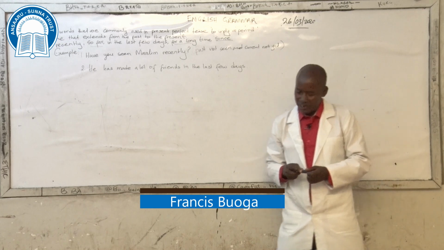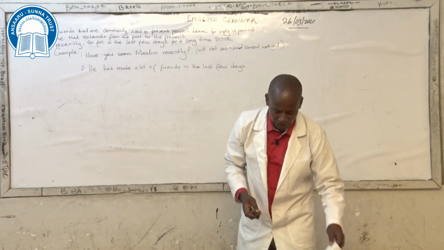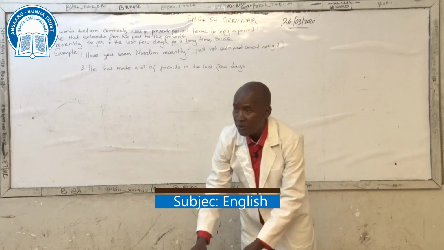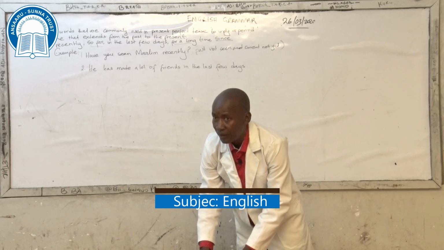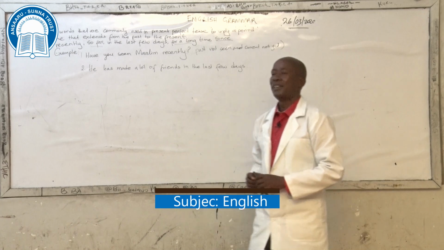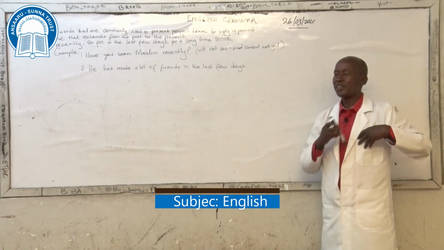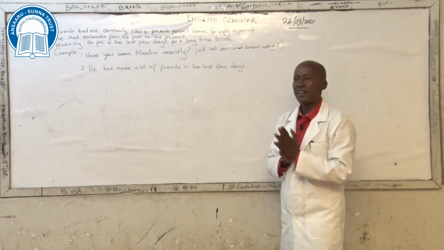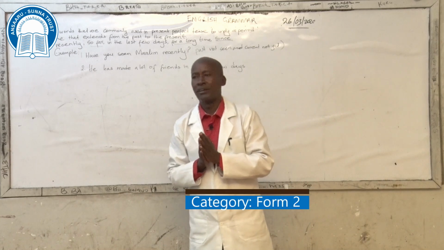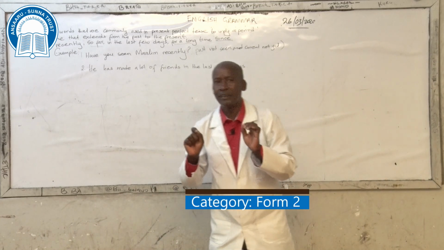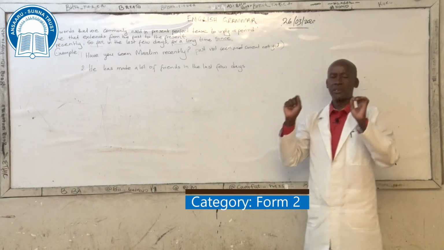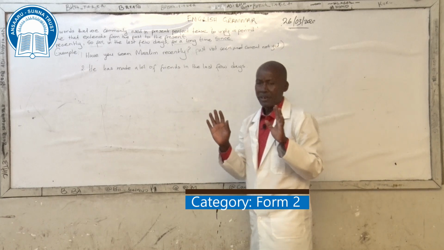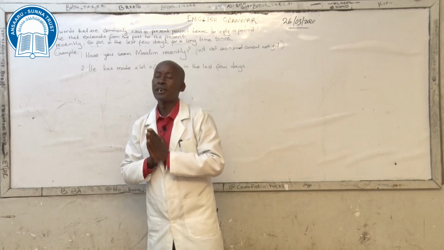Remember, we have looked at present perfect tense, keywords, helping verb has and have, and I've said that has is used with the third person singular only. That is, has is used with he, she, and it. The rest use have.